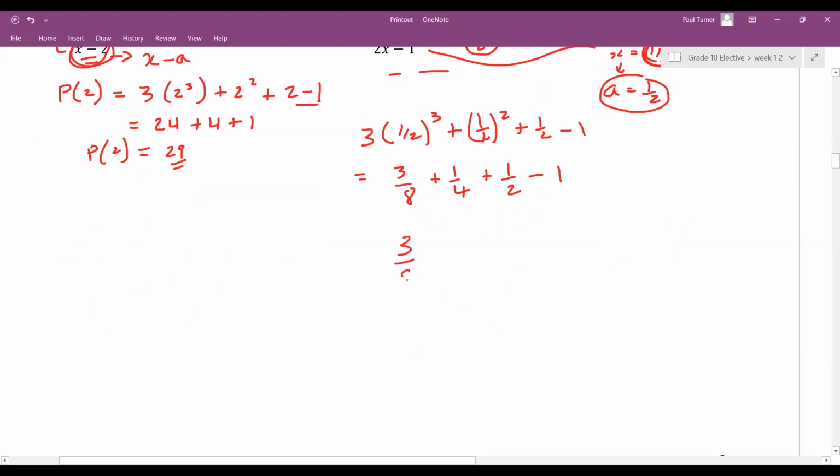We can use 8 as our denominator because 4, 2, and 1 divide into 8. So 1 on 4 is the same as 2 on 8, as an equivalent fraction. 1 on 2 would be the same as 4 on 8. And 1 on 1 is the same as 8 on 8. That's negative, subtract. Now you've got 8, 8, 8, 8. That's your common denominator. 3 plus 2 plus 4 minus 8.